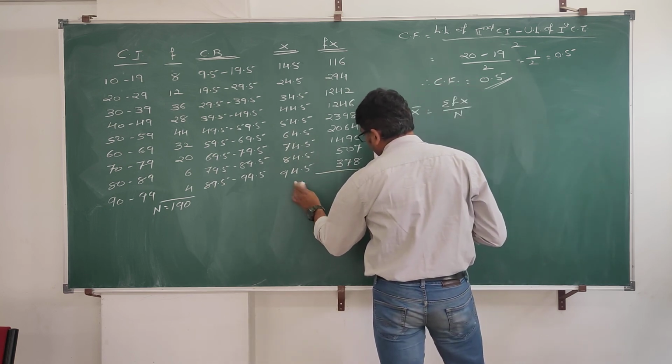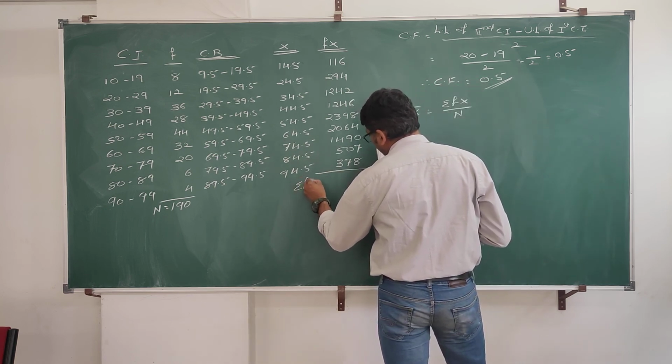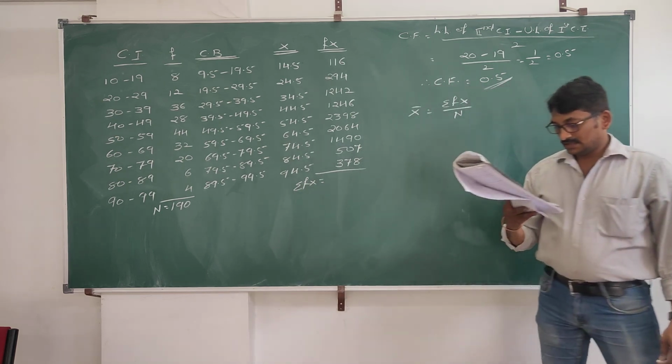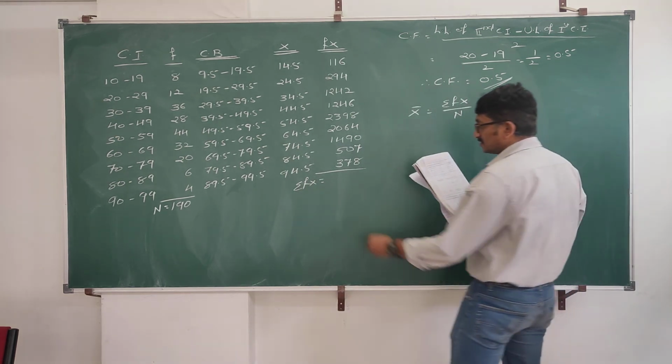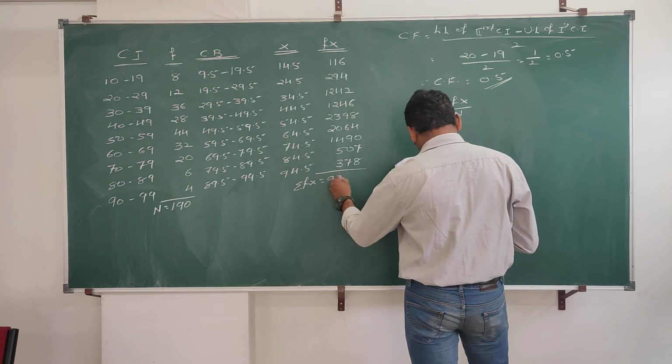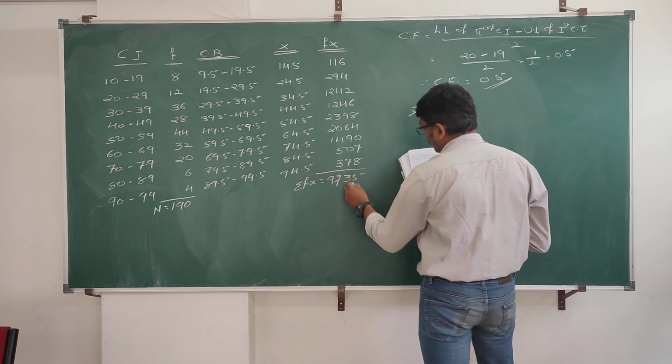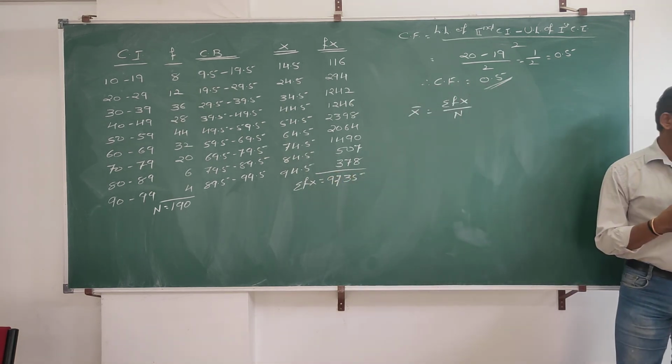This is your summation. Your summation fx value is 9735.